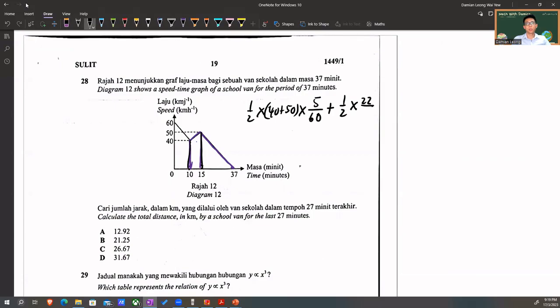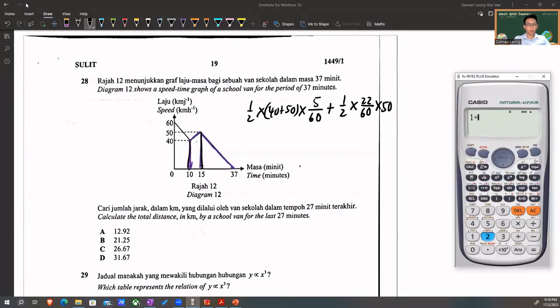So 22 minutes, again change to hours, divide 60 times the height, 50. So half times 90 times 5 over 60 plus half times 22 over 60 times 50. 12.92. Answer A.